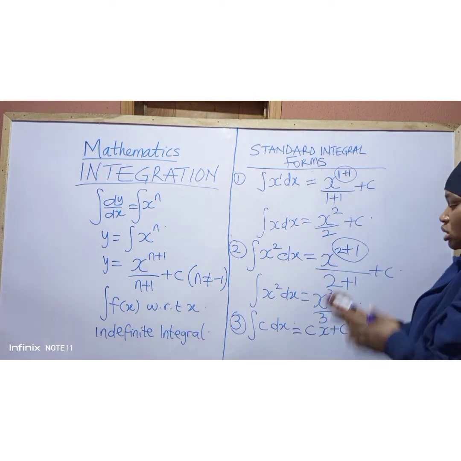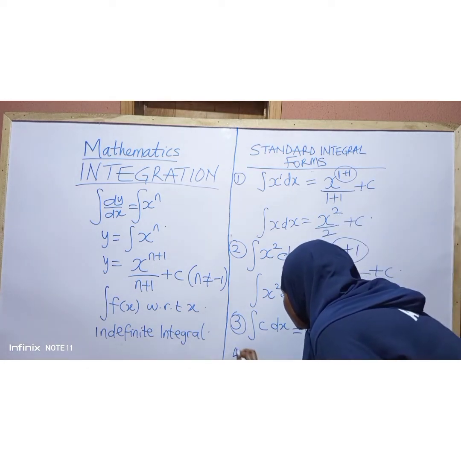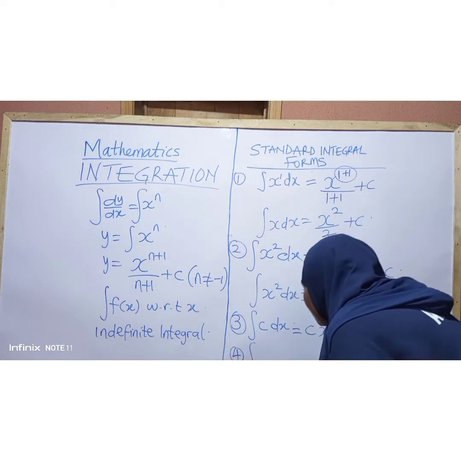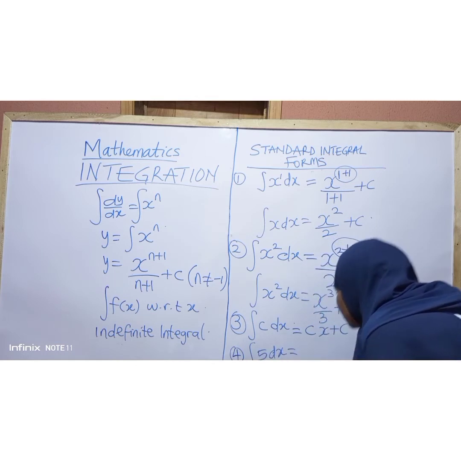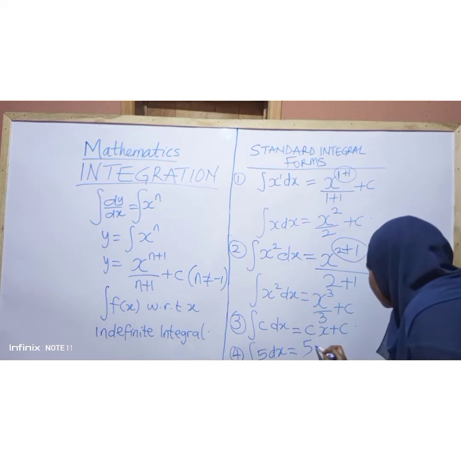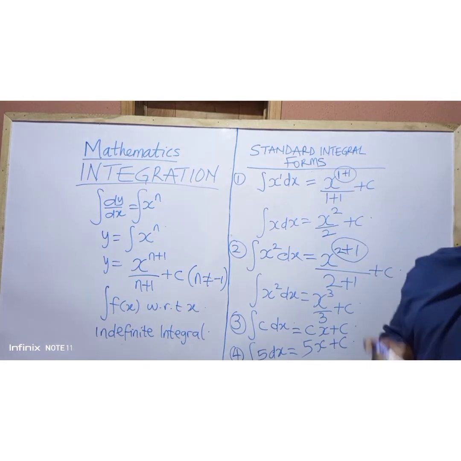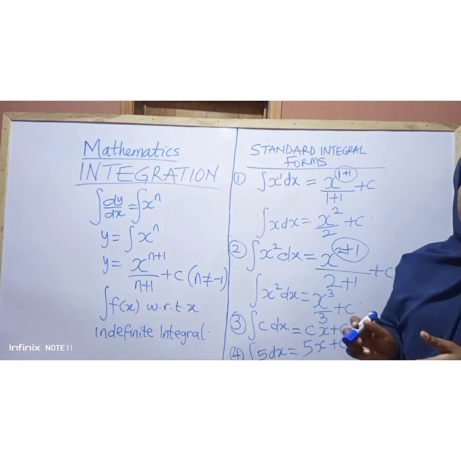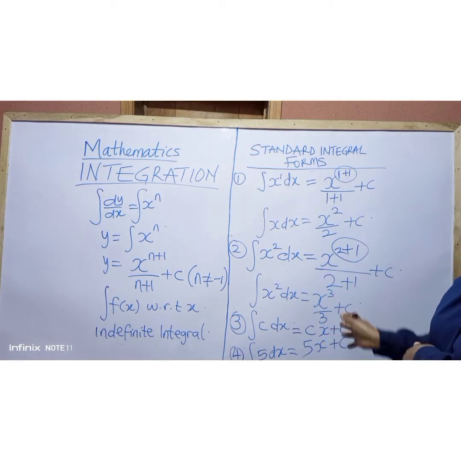Another example on integration of constants. Number 4. So let's say I have the integral of 5 dx. So the answer will be 5, then multiply by x, then plus c. So if you integrate constants, you have x beside it, then plus c.